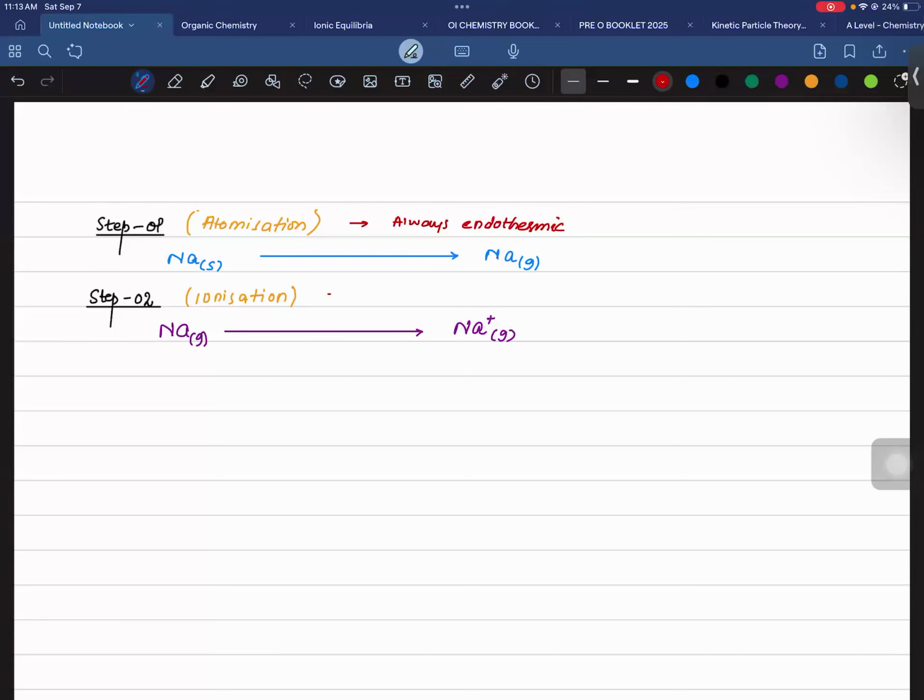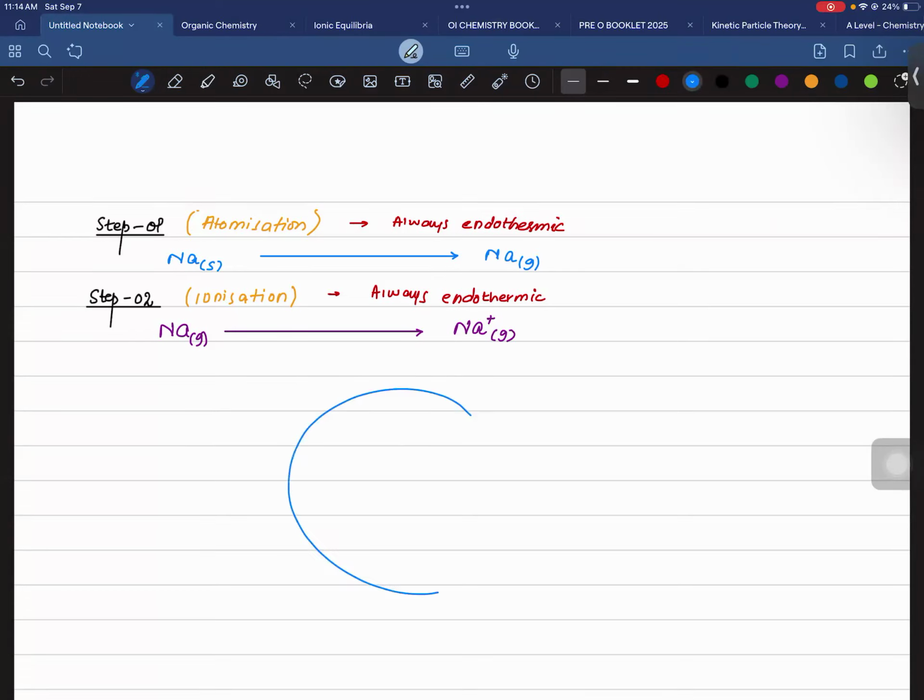So that's why, remember, this is always endothermic. Yes, Shamim, you are right, because it's from gas to gaseous ion. Always endothermic, always the energy would be required.